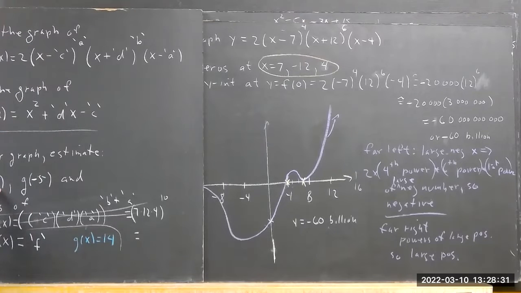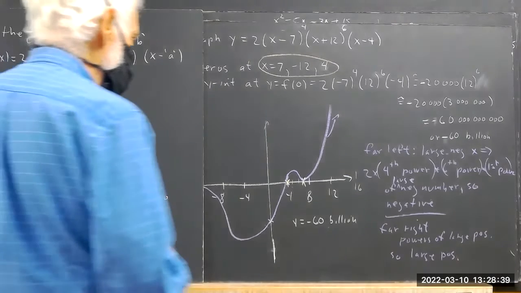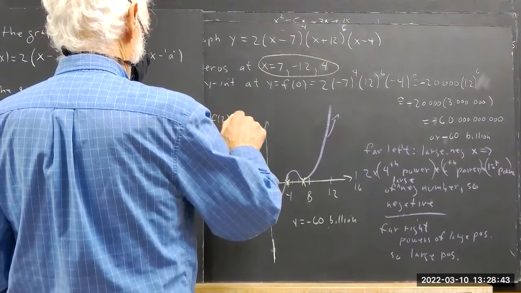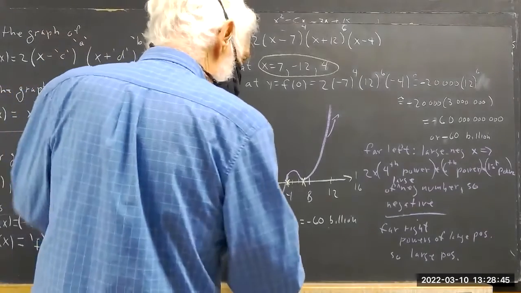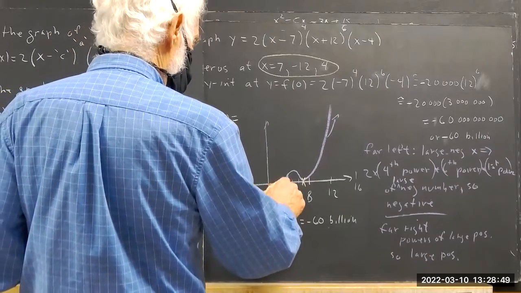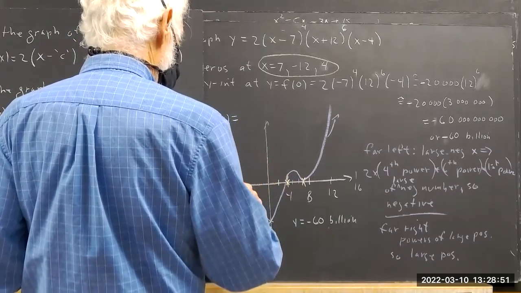Now what's f of 2? Okay. f of 2 is the point on the graph where x equals 2.